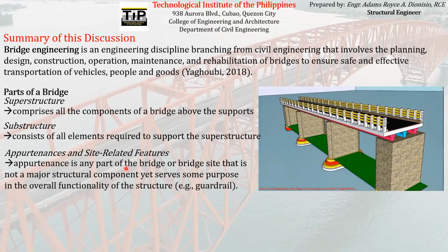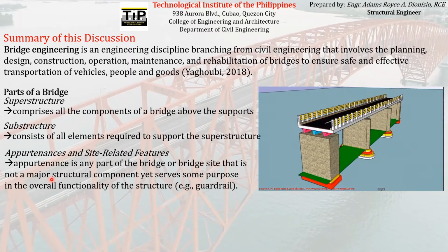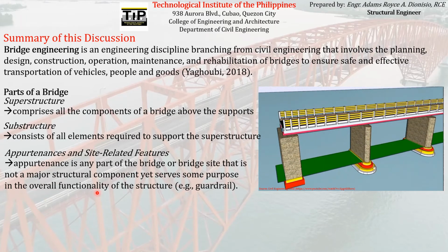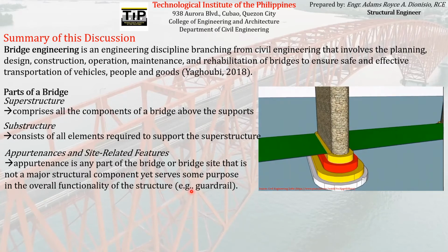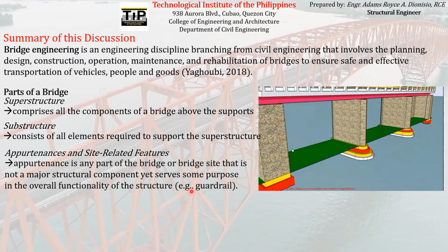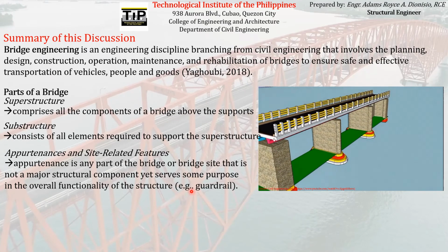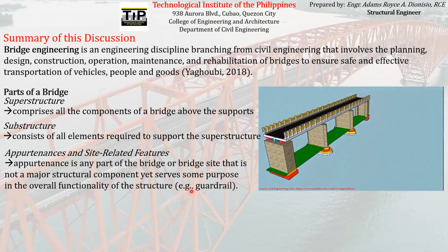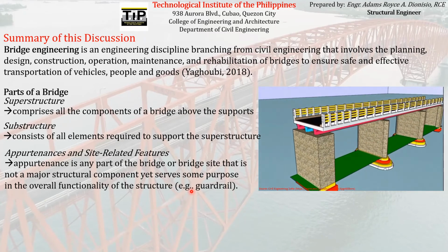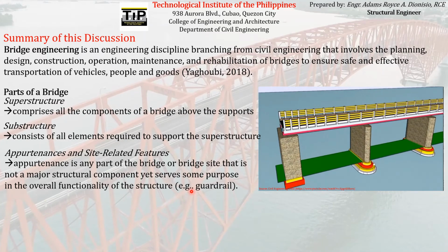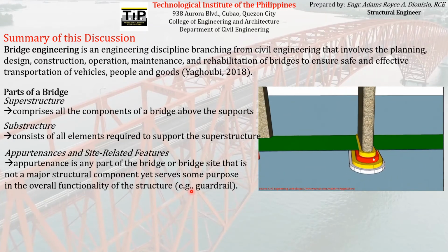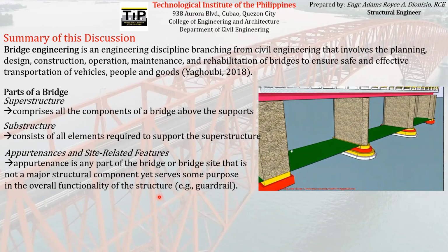So appurtenance is any part of the bridge or bridge site that is not a major structural component yet serves some purpose in the overall functionality of the structure, like guardrail or the bridge barrier or the traffic barrier, etc. So these appurtenances we can still call part of a bridge, although they do not play a vital role on the structural support of the whole bridge. But still, they play a vital role on the overall functionality of our bridge structure.